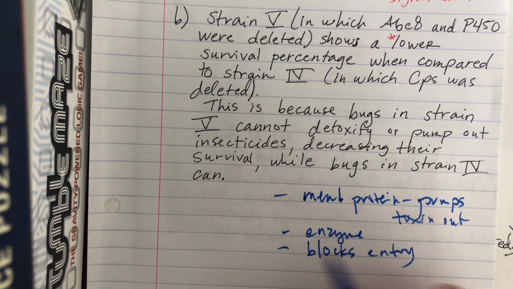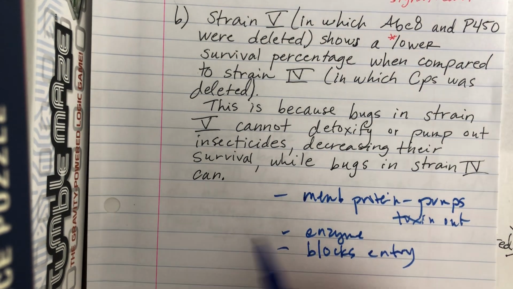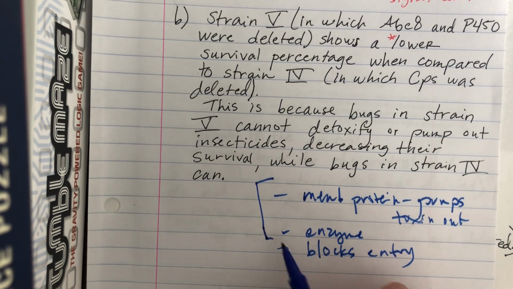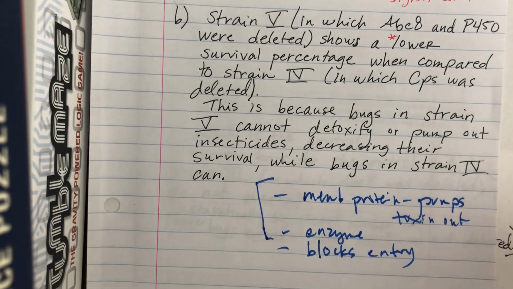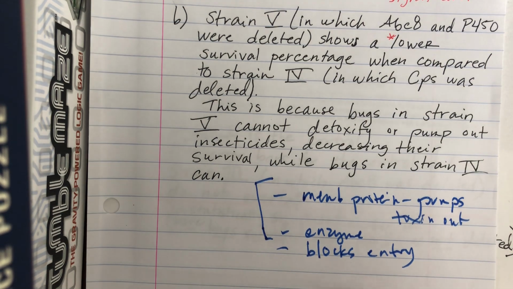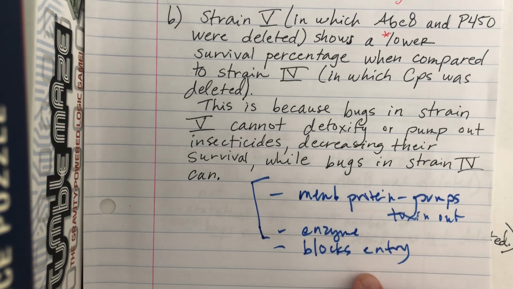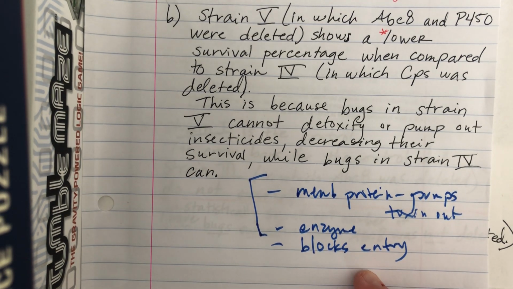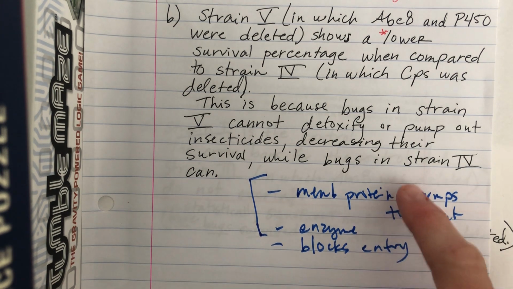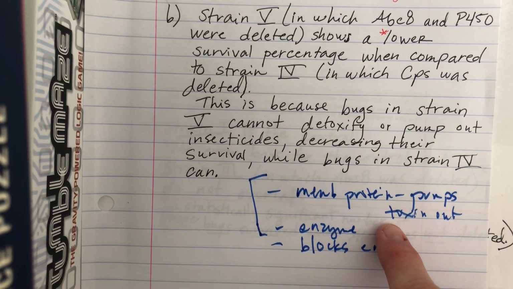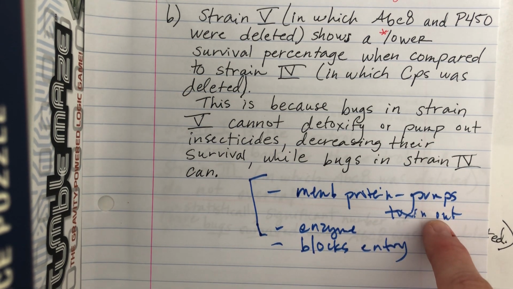So these 3 genes, they're studying, and basically they're saying, why did more bed bugs survive when these 2 were intact versus deleted? And most of you had answers like, well, this one just blocks the entry, whereas these 2 actually chemically change the toxin or actively remove it from the cells.